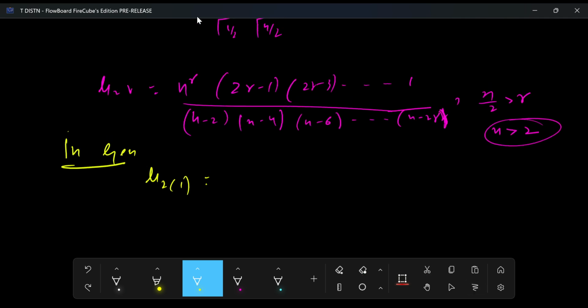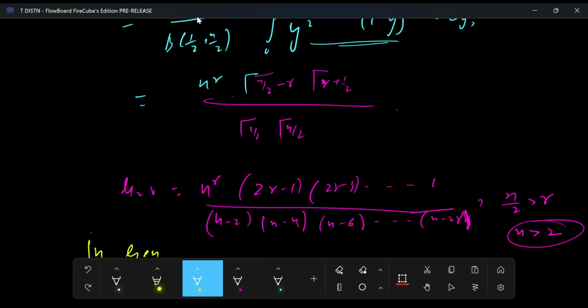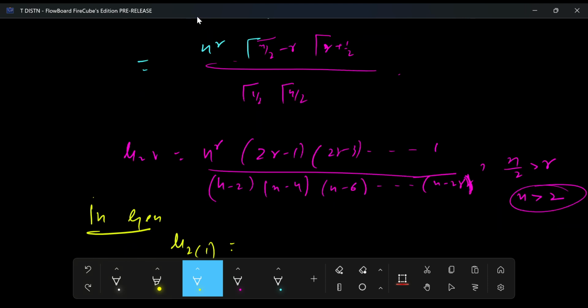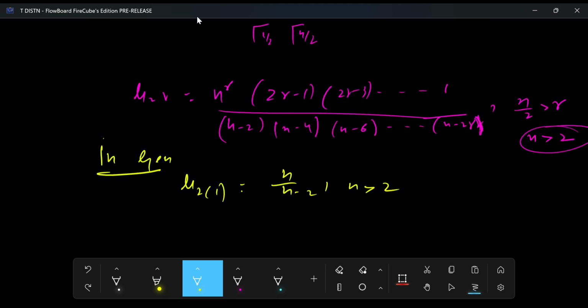Put r is equal to 1 in this equation, you will get mu 2 equal to n upon n minus 2, where n is greater than 2. And what will be my mu 4? That will be 3n square upon (n minus 2)(n minus 4). Clear?